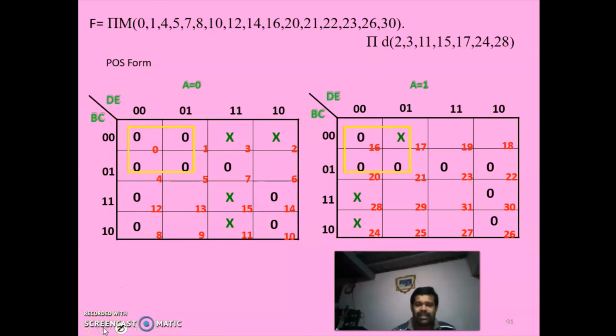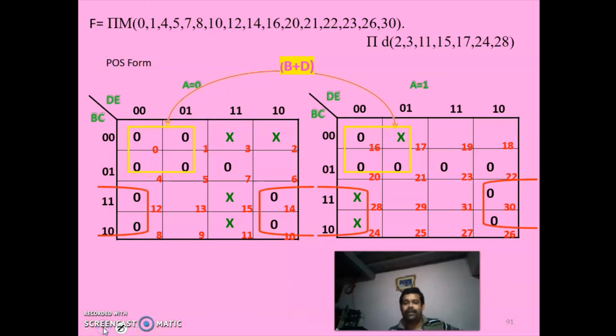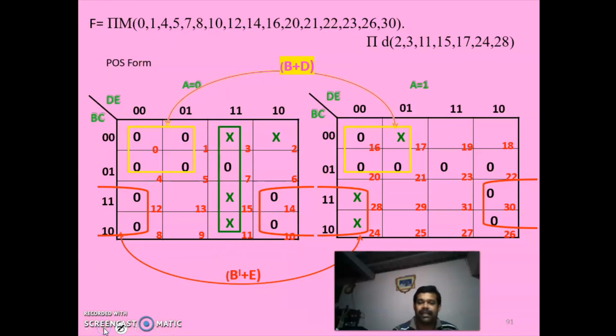So this is the first group, this is the expression for the first group, and this is the second grouping, and you got the second group, and this is the third group.